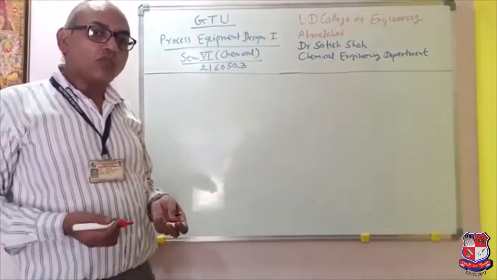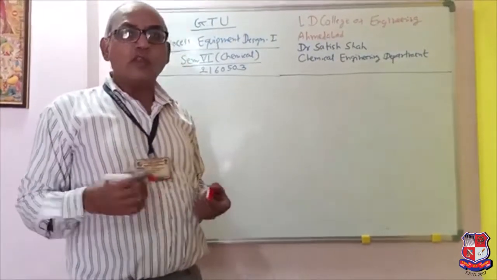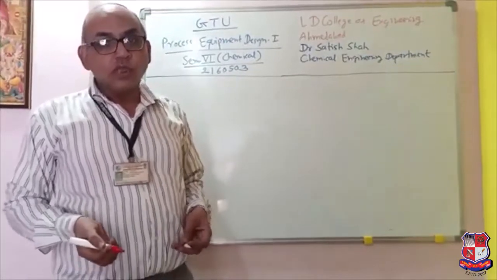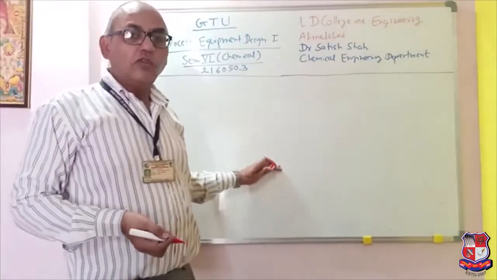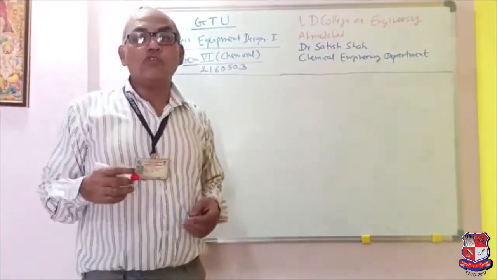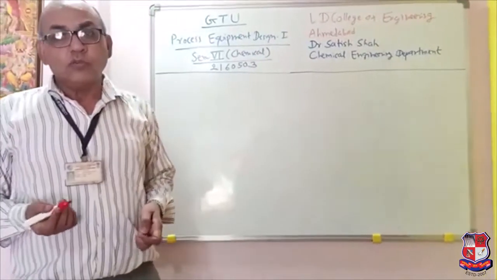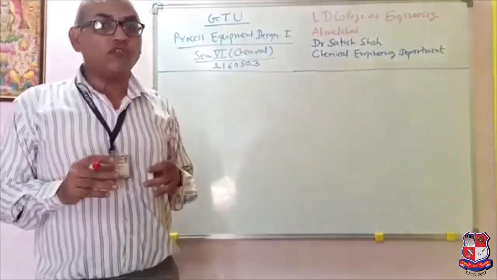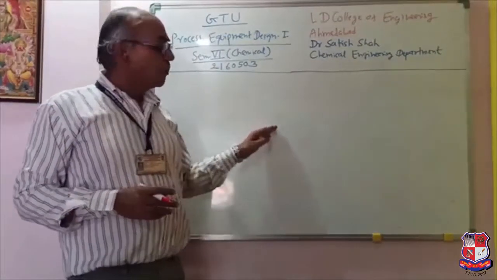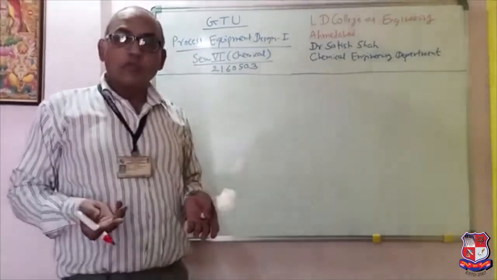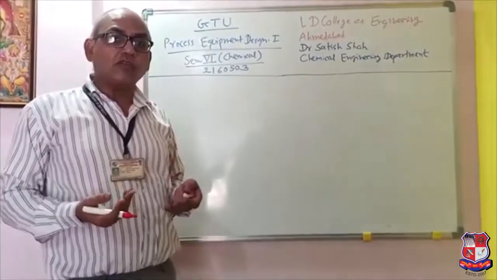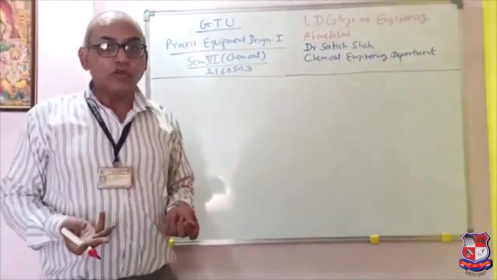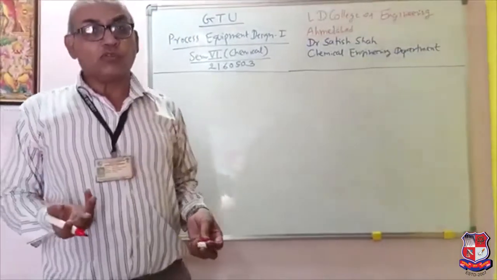Now suppose sometime you are getting a velocity of say 0.3 meter per second. Then at that step only you have to check your tube side number of passes, because your water is on the tube side. You can increase the number of passes. Instead of 1, if I make it 4, my velocity will increase 4 times.